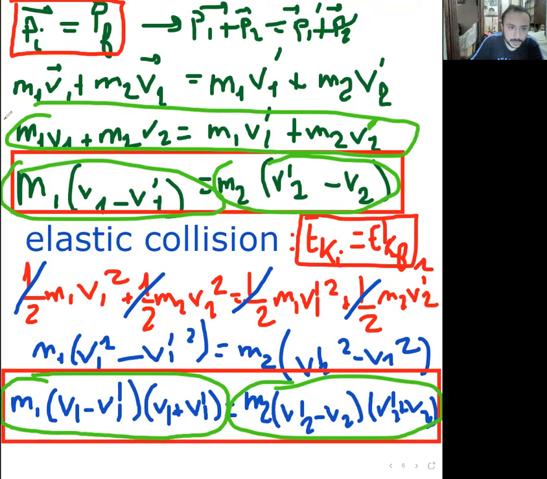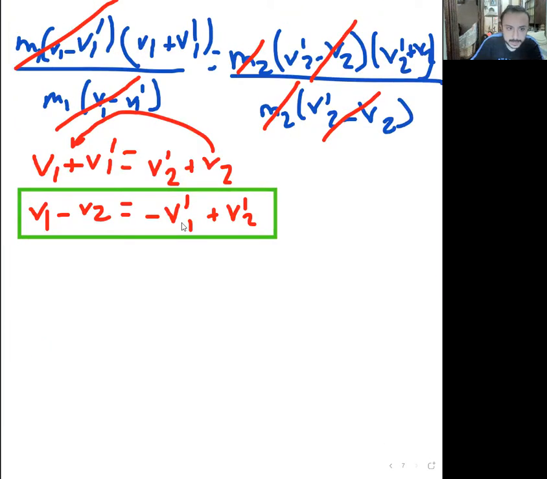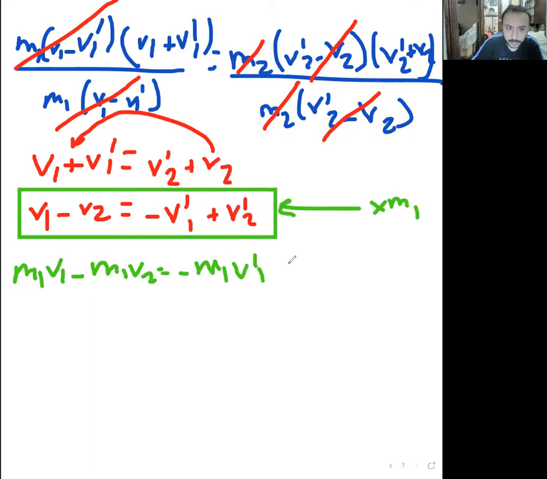Okay, so I will multiply this thing by m1. So it will become m1 v1 minus m1 v2 equals minus m1 v prime 1 plus m1 v prime 2.